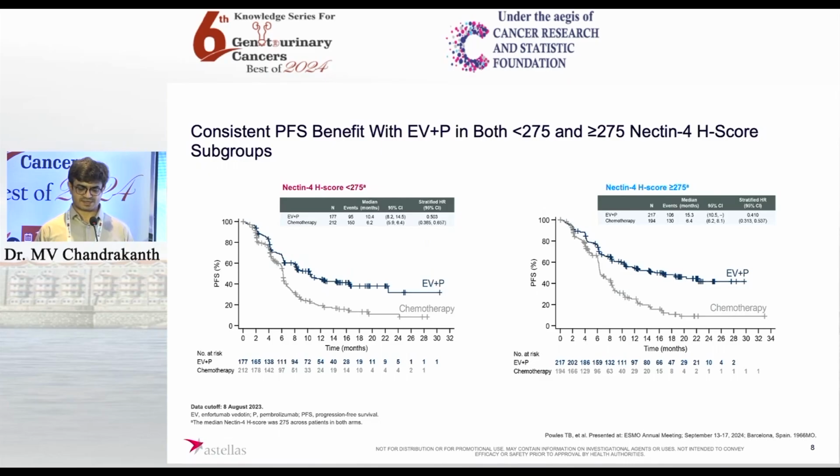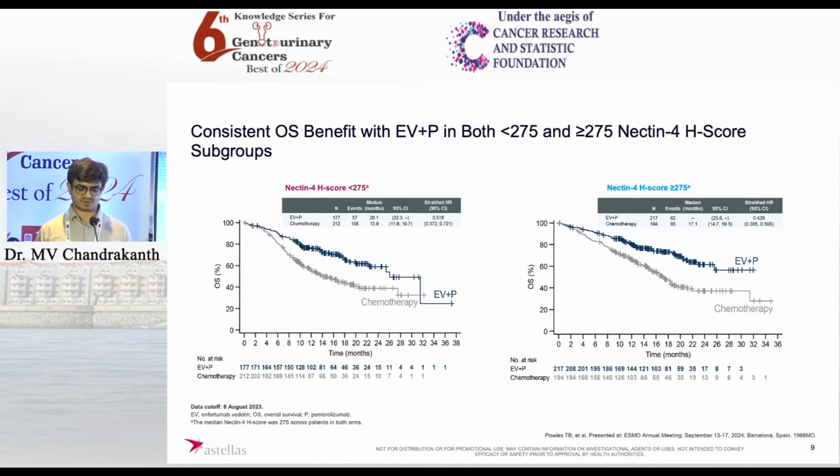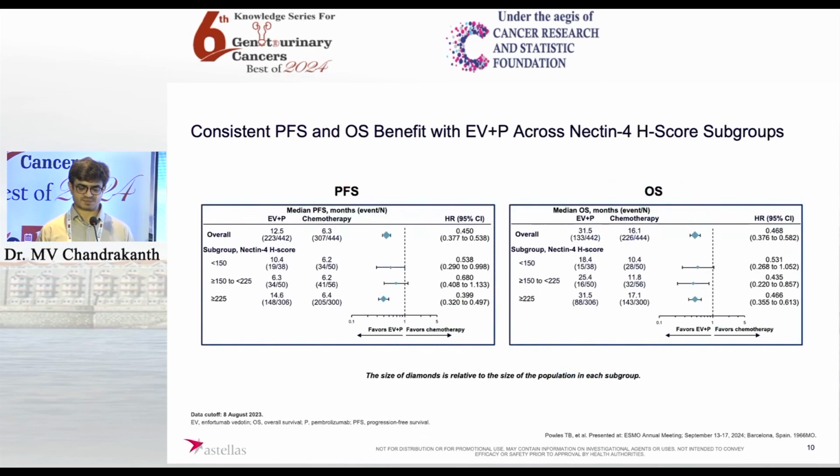So they took a cutoff of 275, less than 275, more than 275. They looked at whether the benefit of Pembro EV is better if nectin is higher. It doesn't matter whether you have a low nectin expression or a high nectin expression, it benefits in all subgroups. Similar OS benefit also, it doesn't change based on the amount of nectin IHC expression.